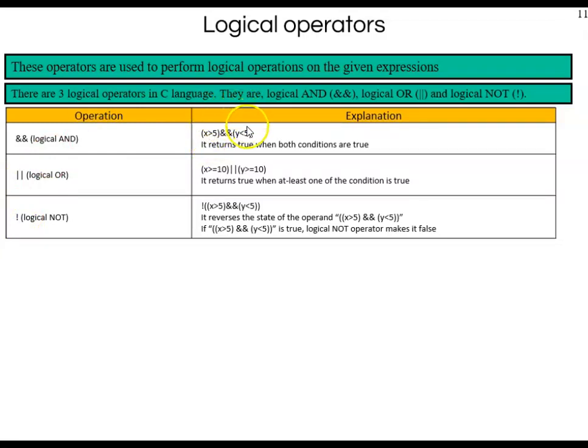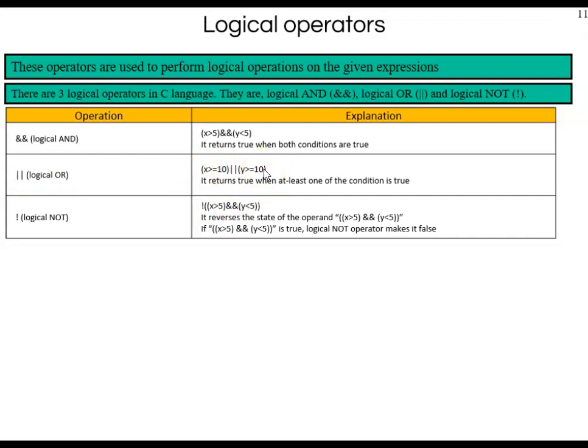So how does it work? If both the conditions are true, it returns 1. When one of the conditions is false, it returns 0. So in this particular case, if x is greater than 5 and y is less than 5, it returns true. If either of these conditions is false, it returns false or 0. Now logical OR: x greater than or equal to 10 or y greater than or equal to 10.